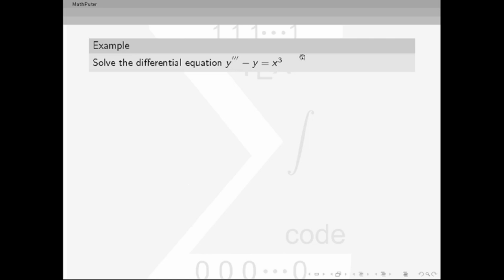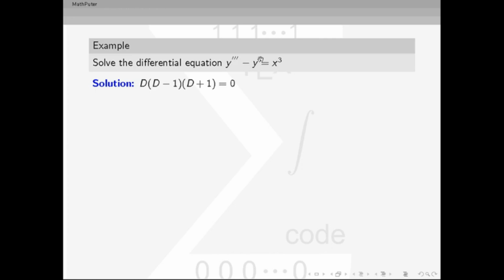So in the solution, we go for complementary solution as well as particular integral. This is D cube minus 1. So this is D cube minus D, right? Actually, this is y triple dash minus y dash. I made a mistake here, right?